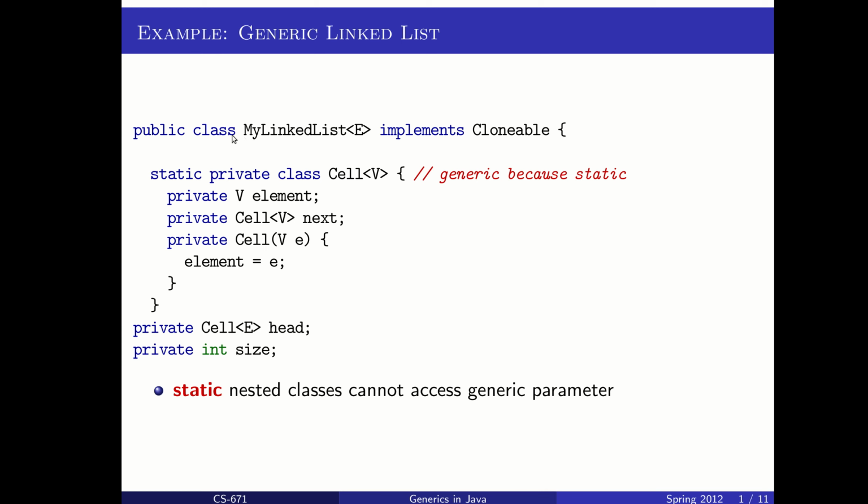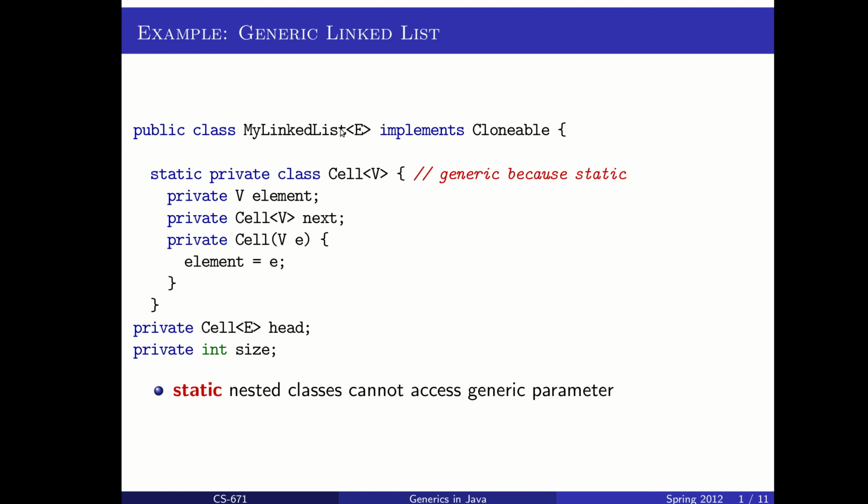In other words, when I say my linked list string, I am creating an instance of the my linked list class that has its generic defined to be string. But static spaces don't know things that belong to instances of a class. They only know things that belong to the whole class itself.